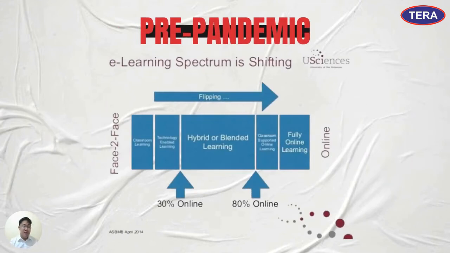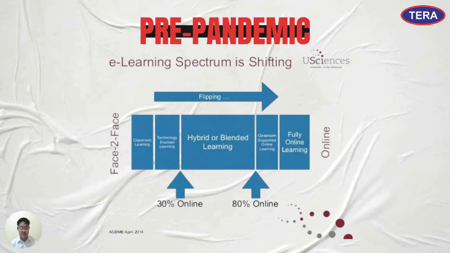Now, from face-to-face, we have shifted to online learning during the pandemic. As you can see, during the face-to-face, there is minimal use of online learning. And as we shift to hybrid or blended learning to fully online learning because of the pandemic, there is an increase in the percentage of the use of online materials.